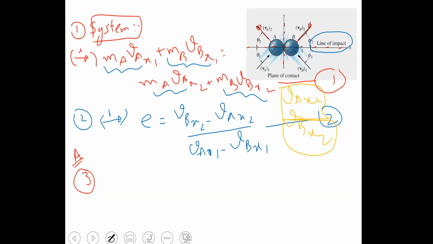Let me repeat: is there any impulse acting on particle A along the plane of contact during this collision?